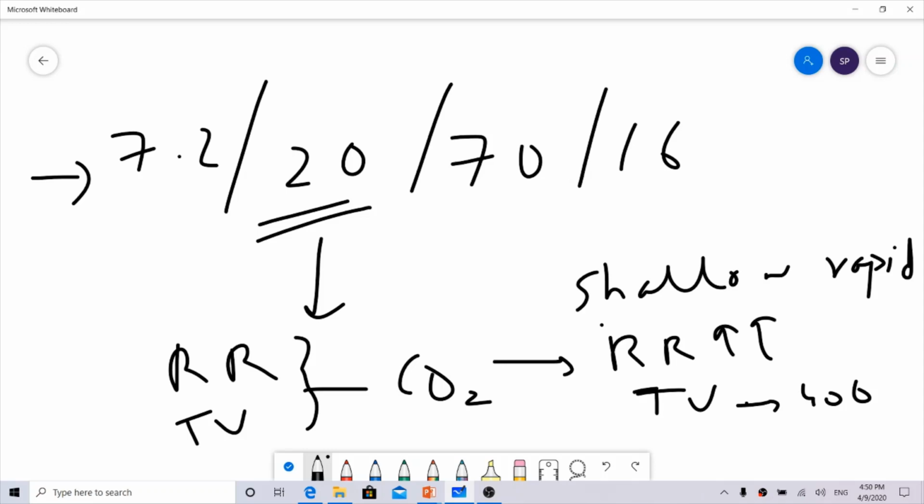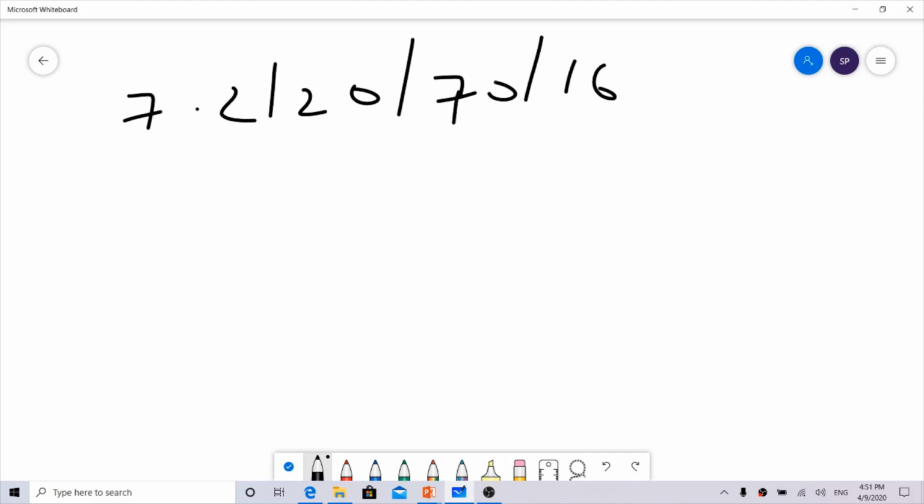Here comes the role of a very important thing known as minute ventilation. Again, let's say we have the same values: 7.2, 20, 70 and 16. When the patient immediately came to the ER, the patient was breathing at, let's say, 30 breaths per minute.